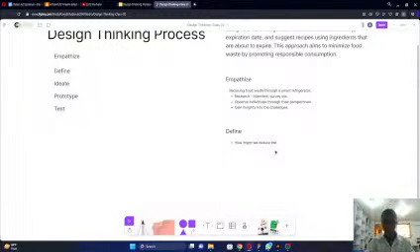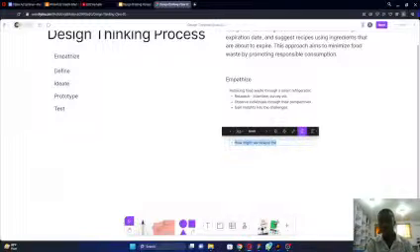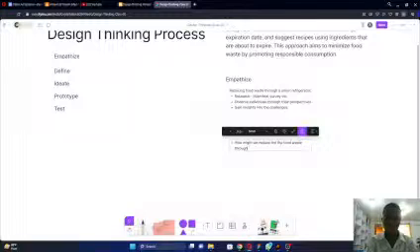So on this stage, you ask yourself some questions. How can you reduce this issue? How can you reduce the food waste? You can come up with a solution like through the supply chain, but I don't think we'll be going there. But these are questions you need to ask.